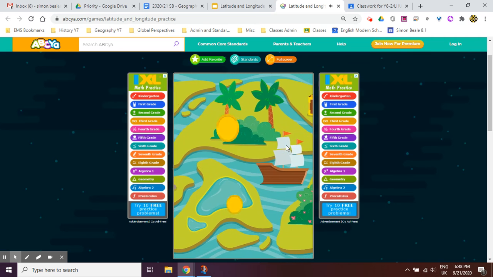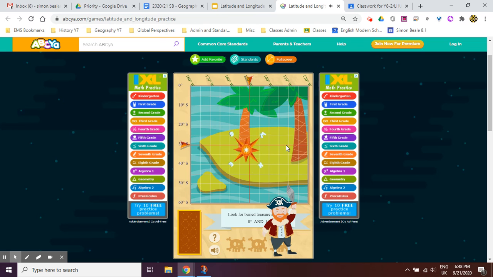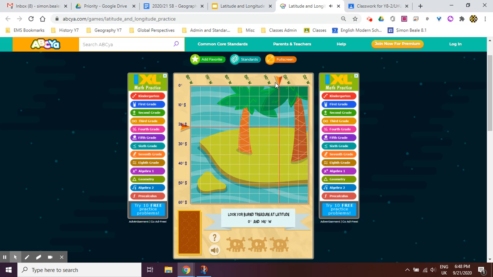I will be interested to see if anybody gets this finished. So obviously it has sound up, so you can play the game. You can drag these. So basically, you've got to look for the coordinates that the pirate guy gives you.